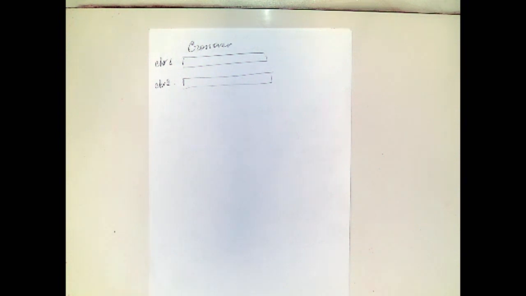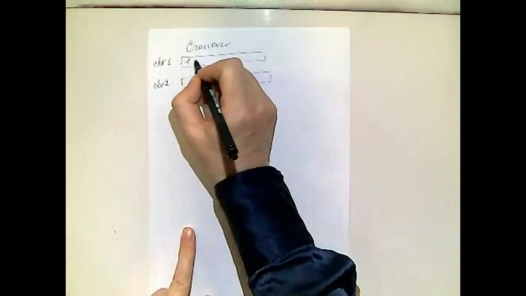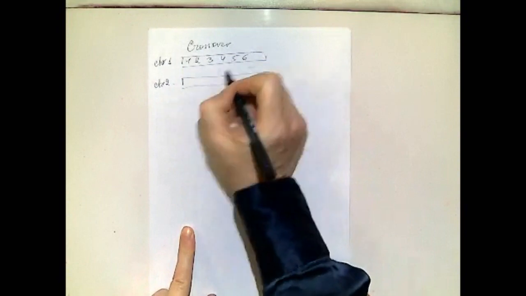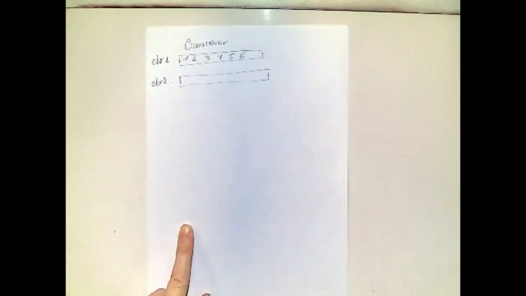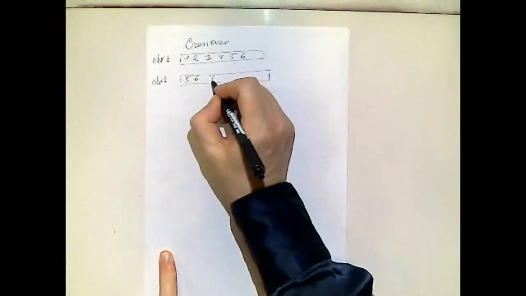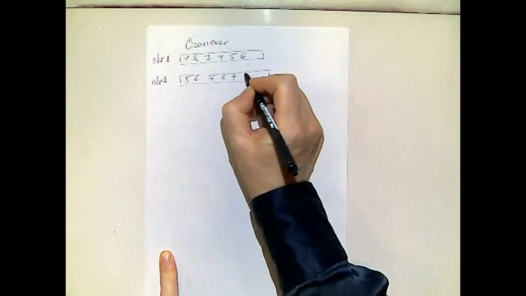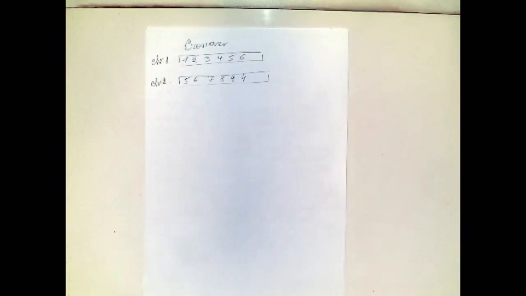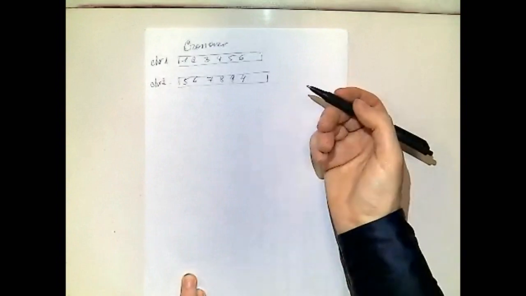So in a chromosome, for example, let's have a look. We will have a simple 1, 2, 3, 4, 5, 6. So how many genes do I have here? 6. What representation am I using? It's integer representation because we have integer values. So in crossover, what is important is crossover points.